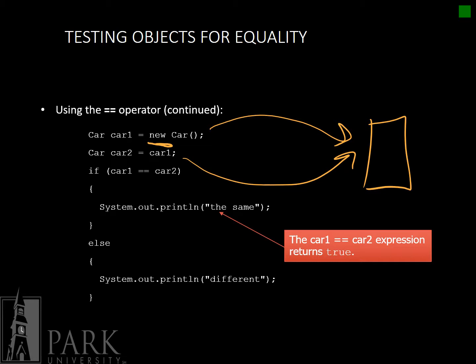So they're the same. They occupy the same memory space. All right, that's 10101, in case you're wondering. And so with them pointing to the same memory location, this is going to evaluate to true, whereas previously we had two new operators, two separate objects, and it returned false because they were pointing to different memory locations.